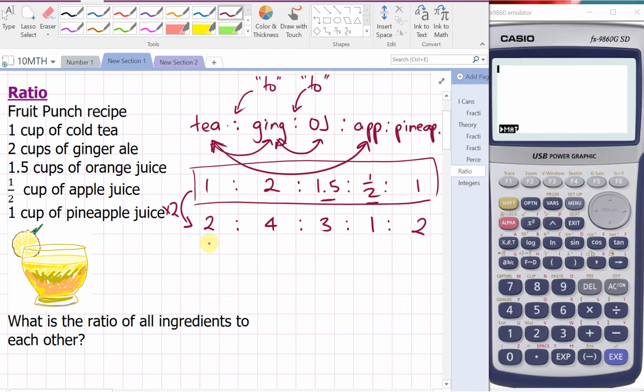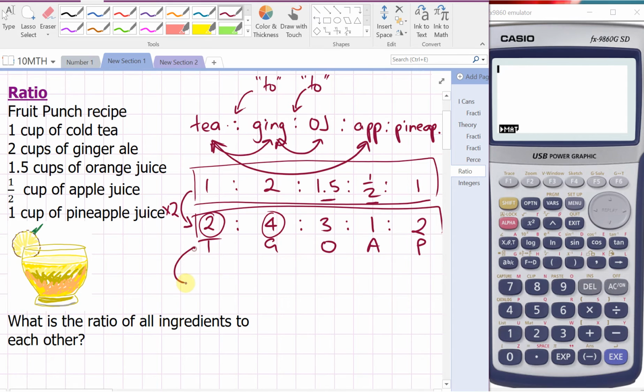So now, tea to ginger ale to orange juice to apple juice and pineapple juice, we now have this ratio here. So 2 to 4 to 3 to 1 to 2. And each of these numbers here can be thought of as a section or a part of the whole fruit punch.